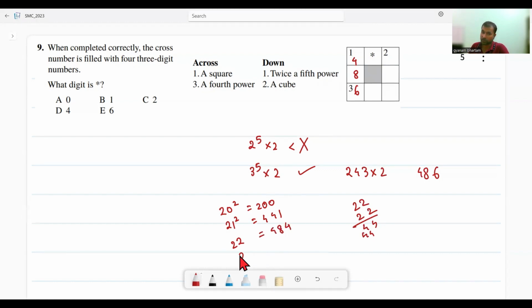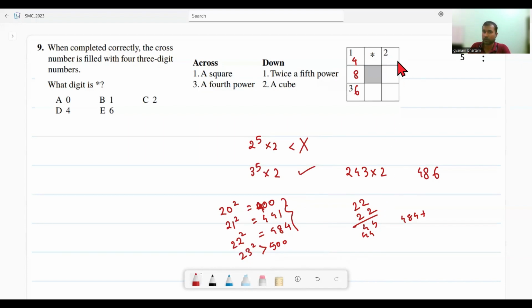It's quite close to 500 now, so 23 square will be plus 1 plus 1, so it's 529, no doubt. If you make it twice of 23, which is 46, and add, it's more than 500, so no. So these are the options, 3 options, and 0 0 will also give. So let's keep these 3 options right now.